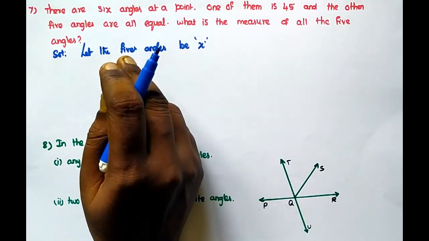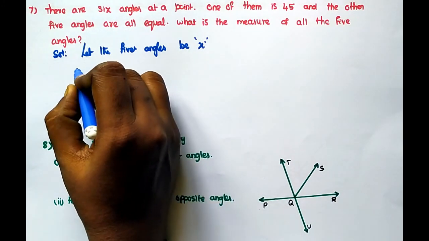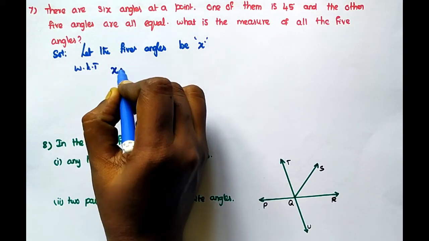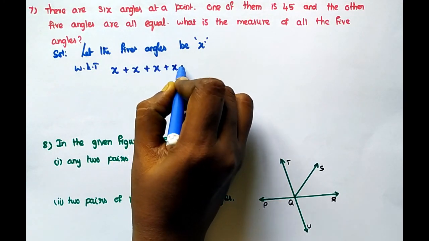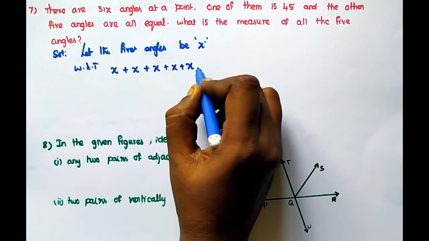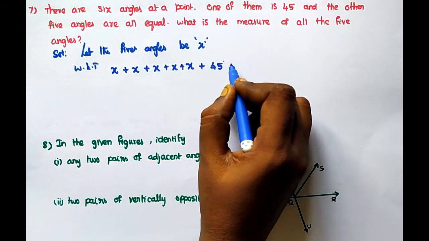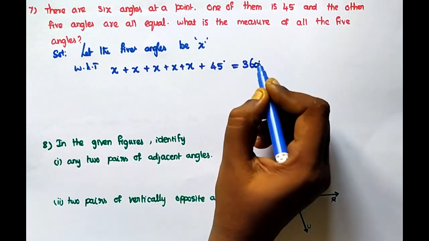Now add the 6 angles, we get 360 degree. We know that. Now 5 angles are equal, that is x plus x plus x plus x plus x plus 45 degree, one of the angles given as 45, equal to 360 degree.